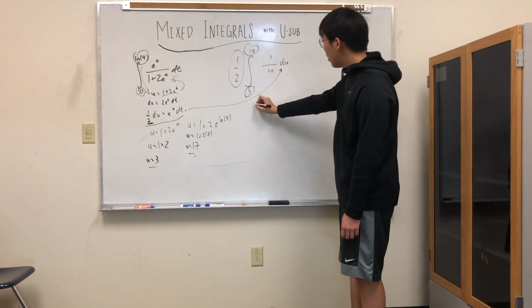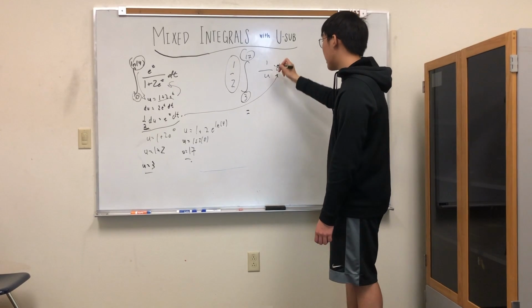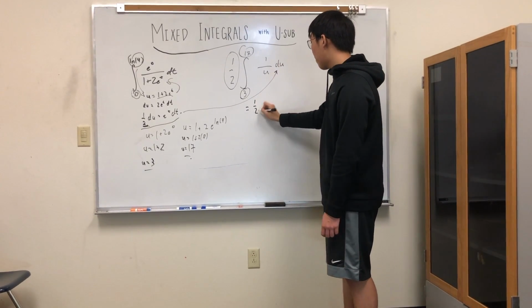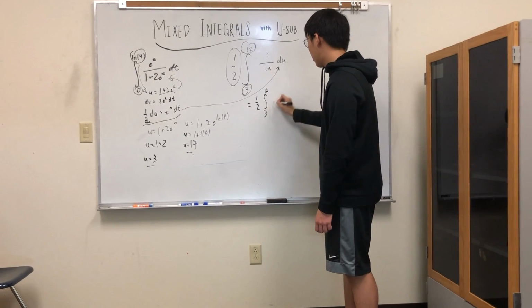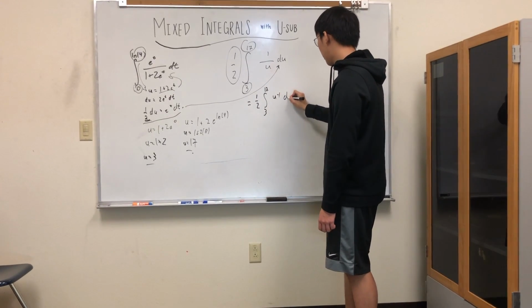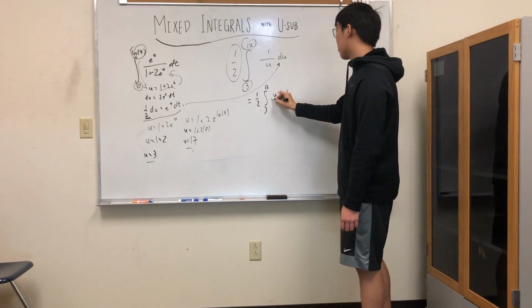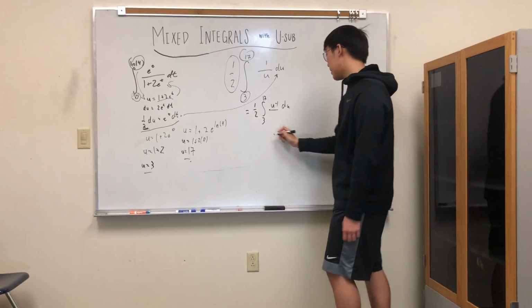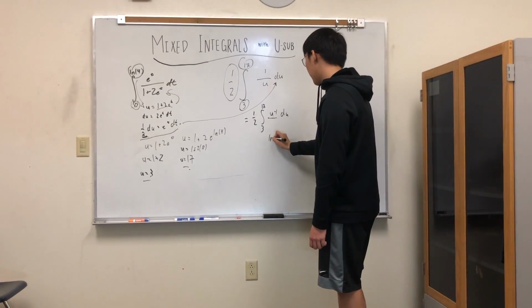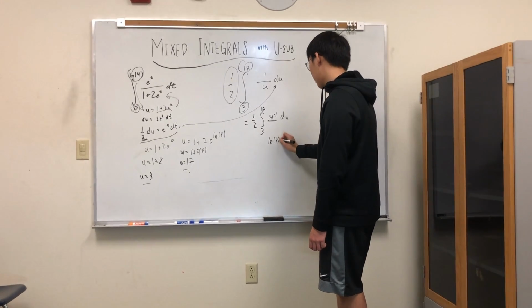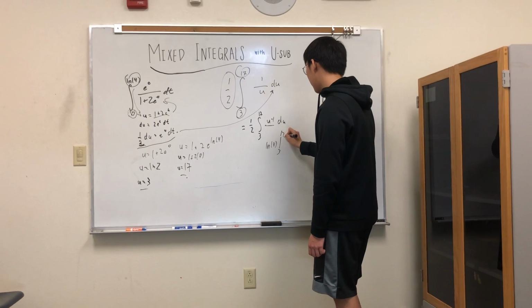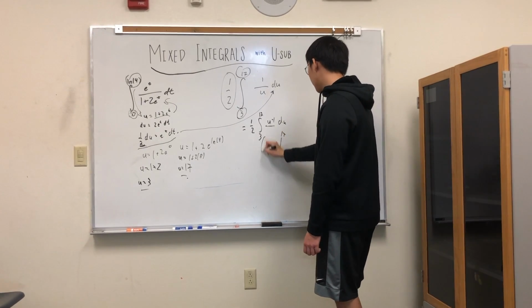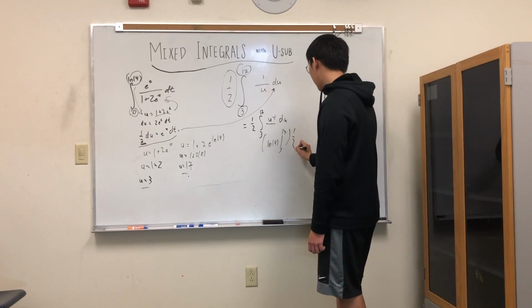So moving on, all we do is find the integral of this, which becomes half of the integral of u to the negative 1, which is very simple, as it is ln u. And 3 to 17, multiply this by half.